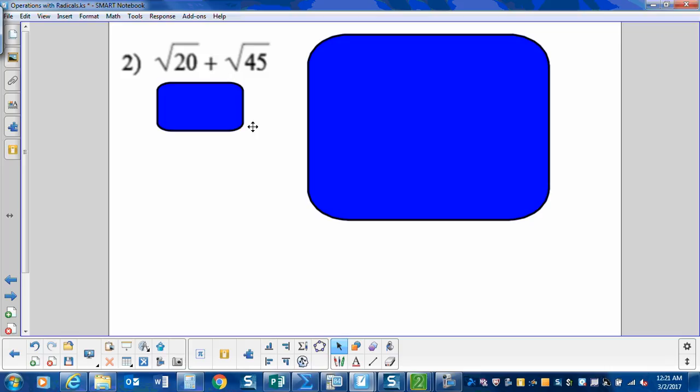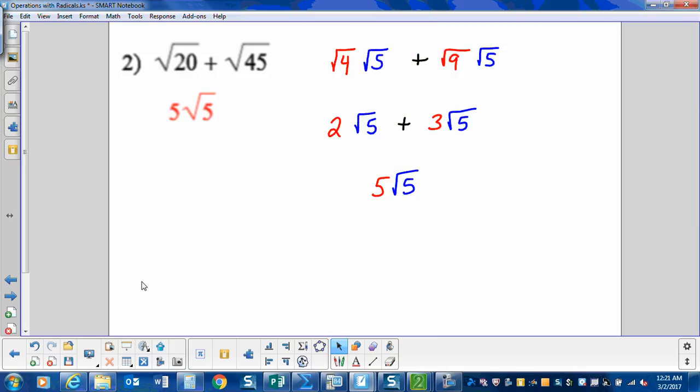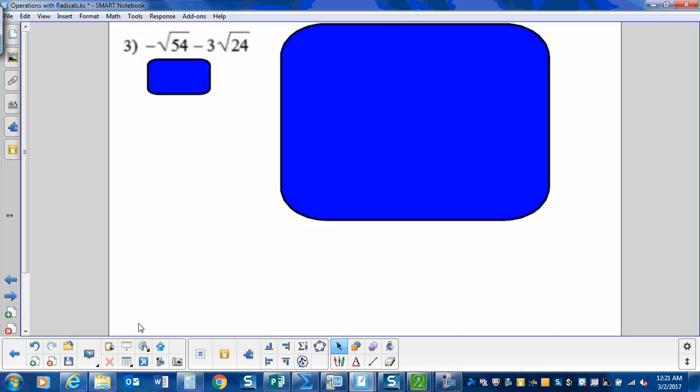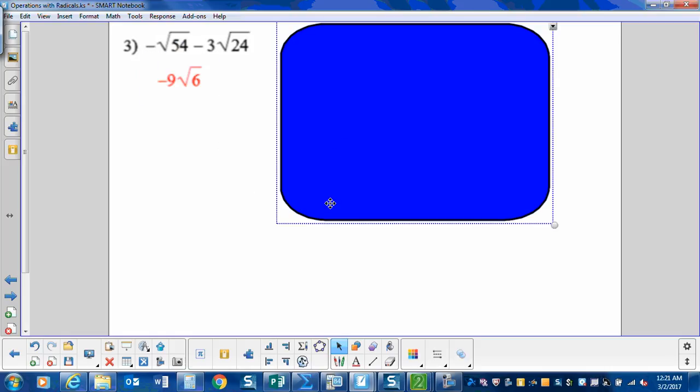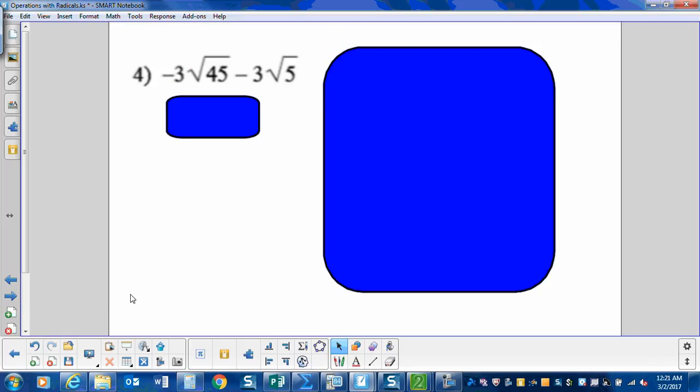So go ahead and simplify and add them together. Try number 3. Number 4.